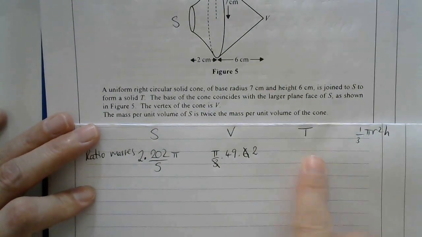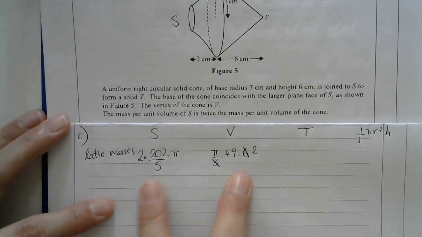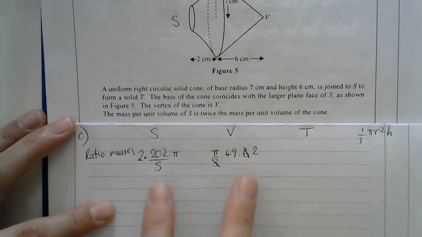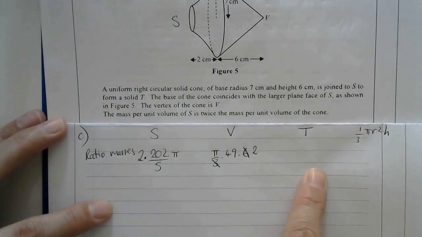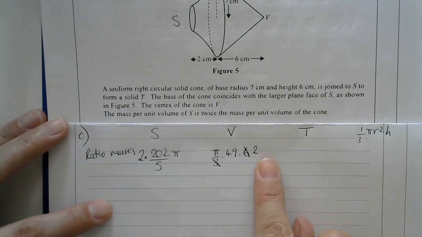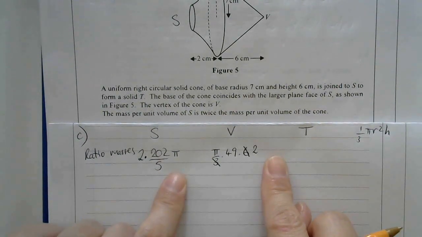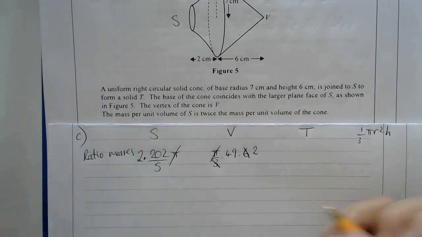Now, here I can just do this plus this, but because this is the ratio of the masses, you can simplify at this stage. And then you can just add your 2 simplified values to give you the ratio for T. Do be careful at this stage, because a mistake at this line will make everything after this completely wrong. So do be very careful, but I can see I've got pi and pi, so I could divide them both by pi.